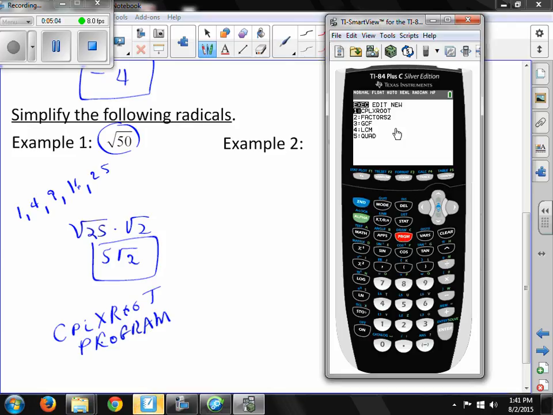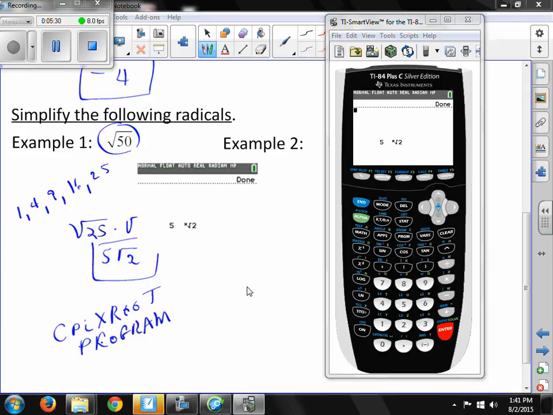It will take you to this CPLX root program, so you press Enter, Enter, and then it'll ask you what root you want. You want a square root, and the amount is 50. The root is a square root, and you're trying to find the square root of 50, and you see that will give us 5 square roots of 2. So we'll be using the calculator to help us with these from now on.